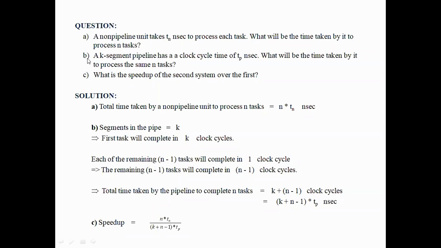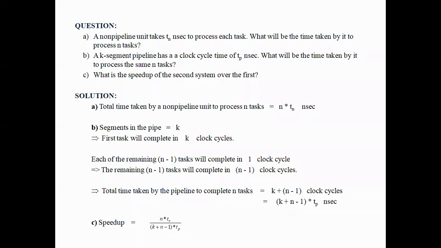Now B part says that if I have a k segment pipeline, another processor which uses pipelining, meaning the pipe has k segments in it, and the clock cycle time is Tp nanoseconds. So this Tp is not the time to process a task, it is the time of one clock cycle.